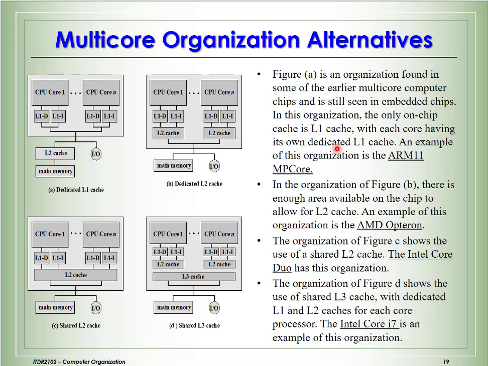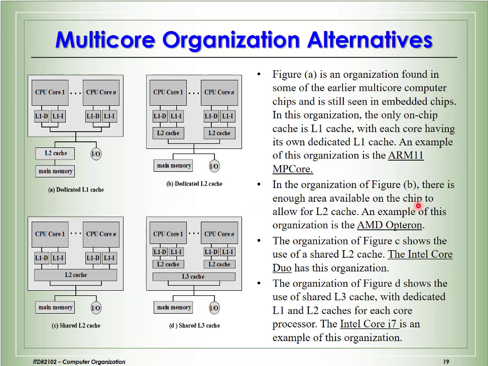This is the example of this dedicated L1 cache, and this is used especially in the embedded chips. Okay, this is the kind of organization of multi-core. This is the old one actually.